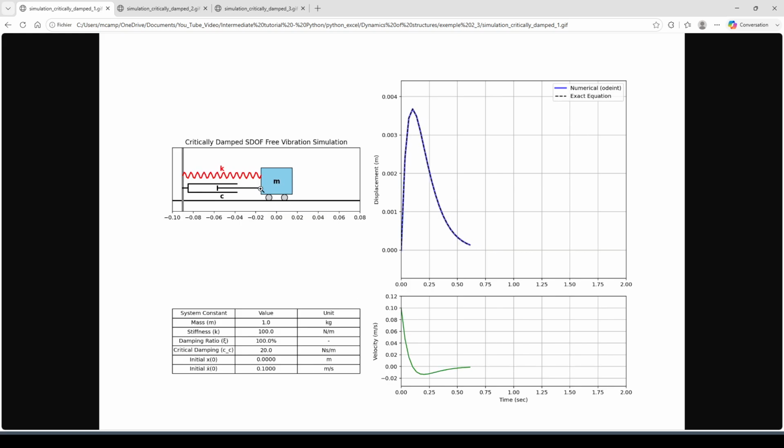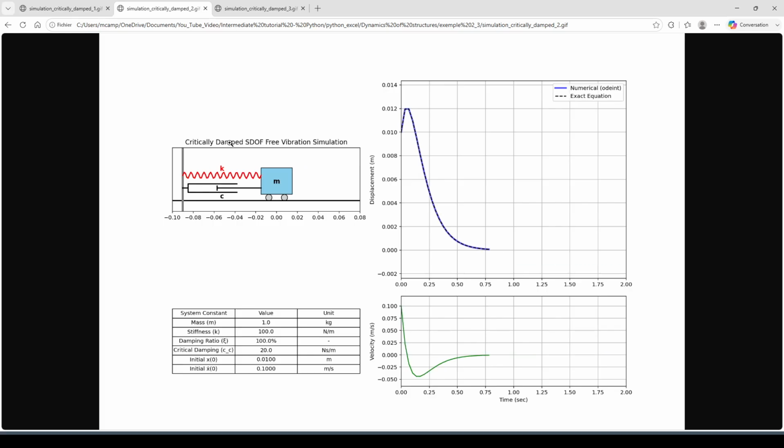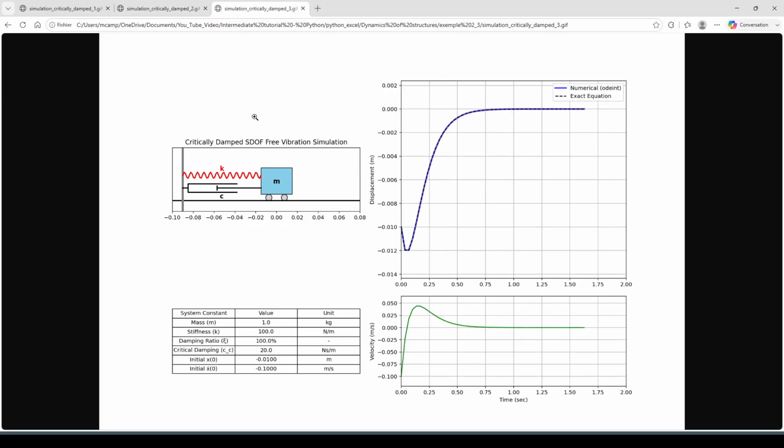You can see the system is damped, so it arrives to 0. This is another case, the second case. And here is the third case, with initial displacement of 0.1 meter and the initial velocity of 0.1.